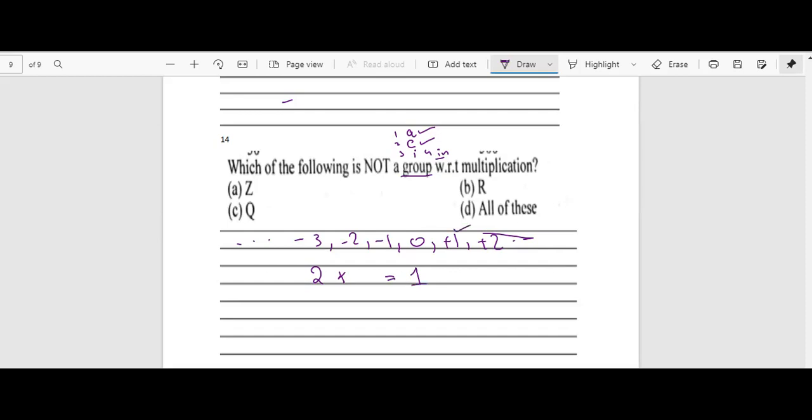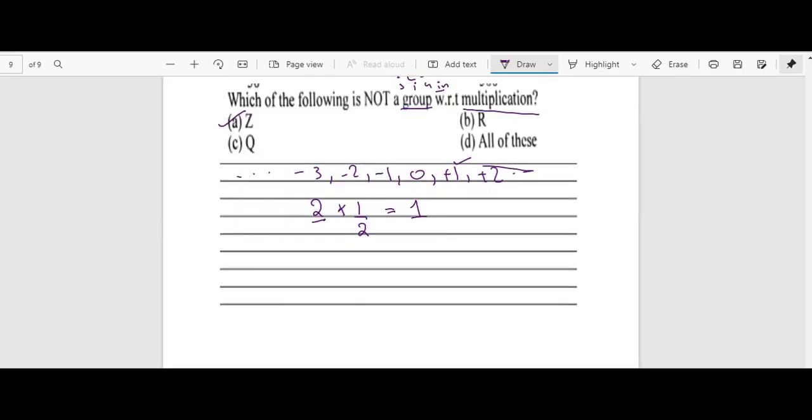I do have my multiplicative identity, but I do not have 1 by 2, since in integers we do not have fractions. So this means that I do not have the multiplicative inverse of 2, that is 1 by 2. In general, Z is not a group with respect to multiplication, because I will not be having the inverses, I will not be having fractions. And for integers, we would need fractions, because only then are we going to get our multiplicative identity, that is 1. So we are done with all these questions.